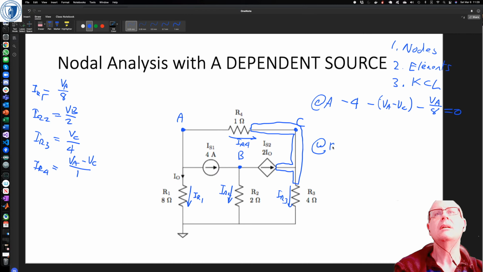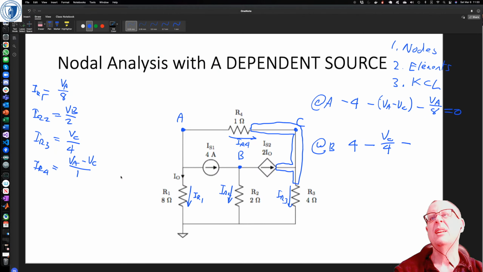At B, we have 4 amps flowing in. We've got minus IR2, which is VC on 4. And we've got minus 2I out.